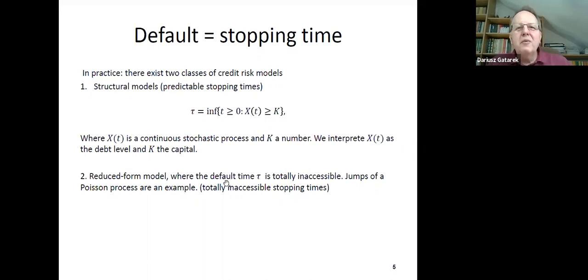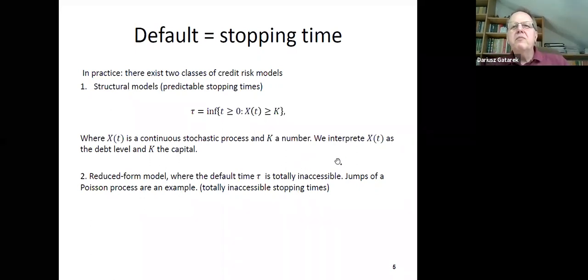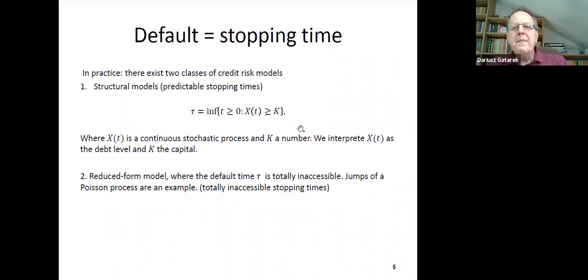And the second, where we have totally inaccessible stopping times, are reduced form models. So an example is a jump of a Poisson process. Yes, because we are in perfect mode, everything is good, the company is highly profitable, and then bam, that pandemic appears.